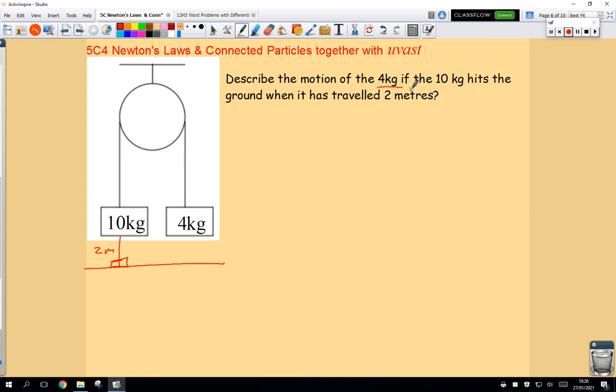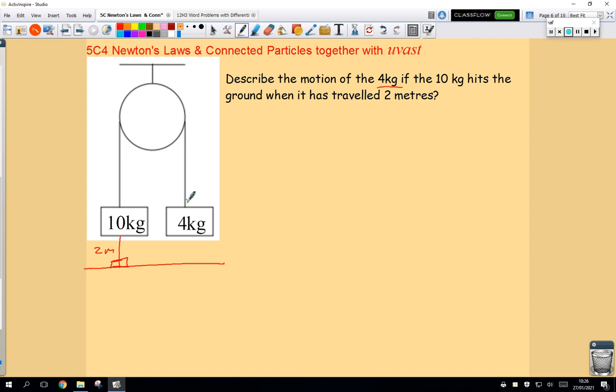Well, once that 10 kilogram particle hits the ground, it's no longer pulling down on the string. So once it hits the ground, all the tension will be gone out of the string. The string will become slack. The 4 kilogram particle would be moving upwards, but there's no force pulling it up.